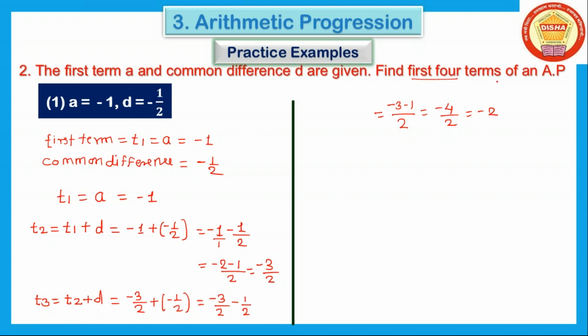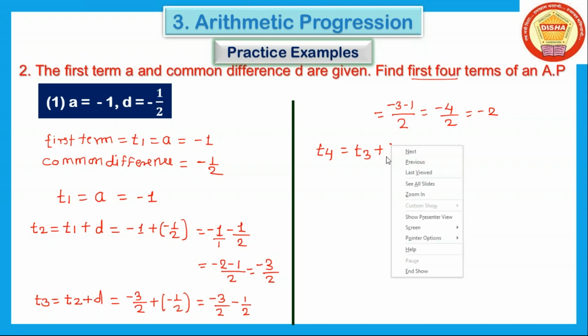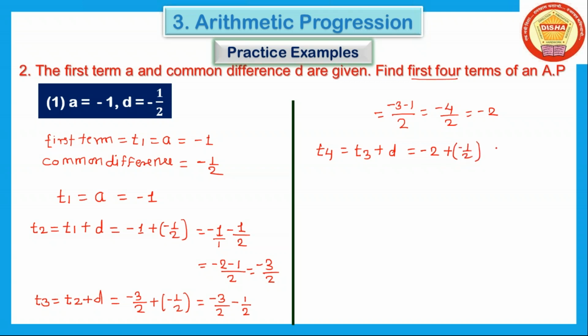We have to find the first 4 terms, means again here we have to find T4. What is the formula for T4? That is T3 plus common difference D. Then we take the third term, that is negative 2 plus the common difference, negative 1 upon 2. Then we simplify again, negative 2 plus minus 1 upon 2.